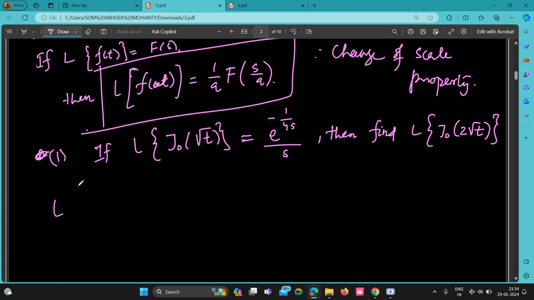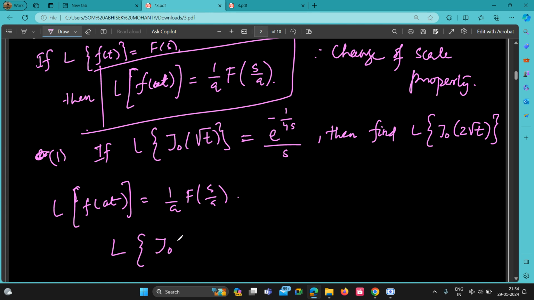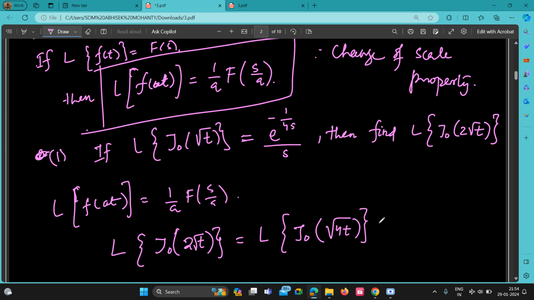So we know Laplace of f(at) is 1 by a times F(s by a). Laplace of J0 of 2 root t we can also write as Laplace of J0 of root 4t.